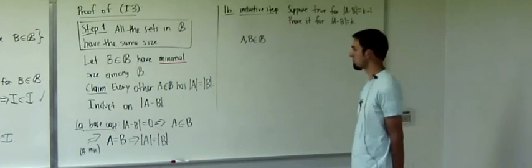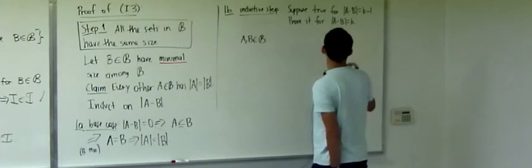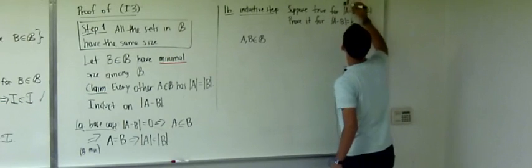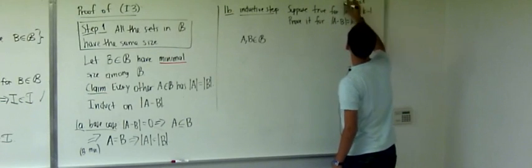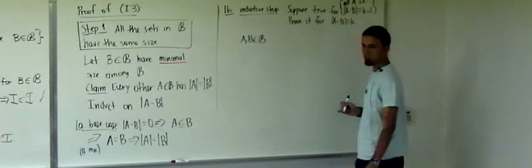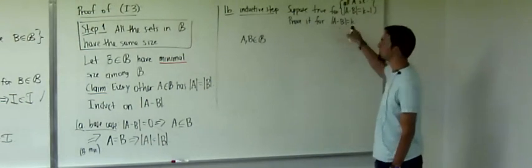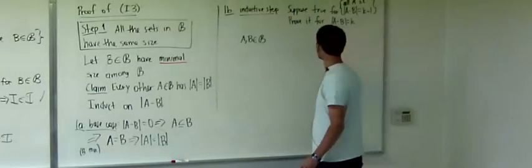It's true for all A. Suppose it's true for all A such that A minus B is K minus 1, and I'm going to prove it for all A such that A minus B equals K.